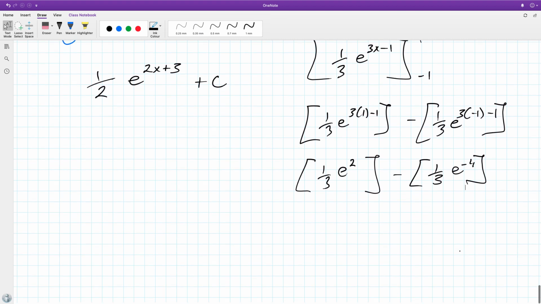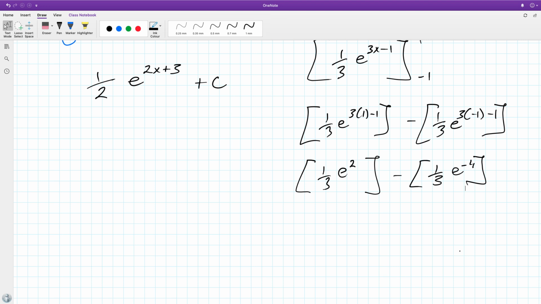You happy with that? Fire straight into our calculator. 1 over 3 times e to the power of 2, which is 2.4630187, minus that, which is 0.0610521.